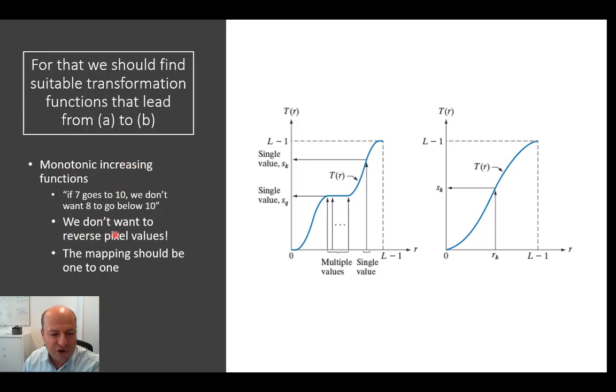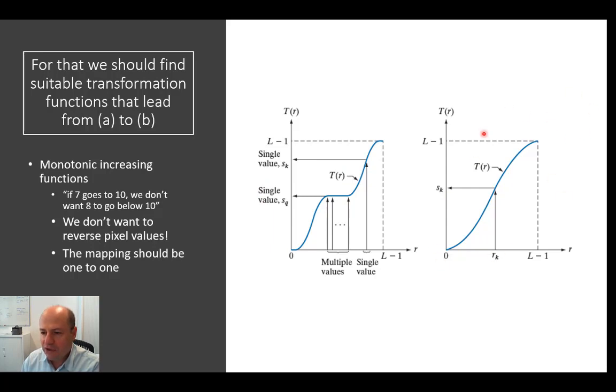We don't want to reverse pixel values, or the relative distinctions between pixels. And the mapping should be one-to-one. So we see that this is not a good transformation function because we have multiple values from the original image mapping to a single value. That's one thing that we don't like.